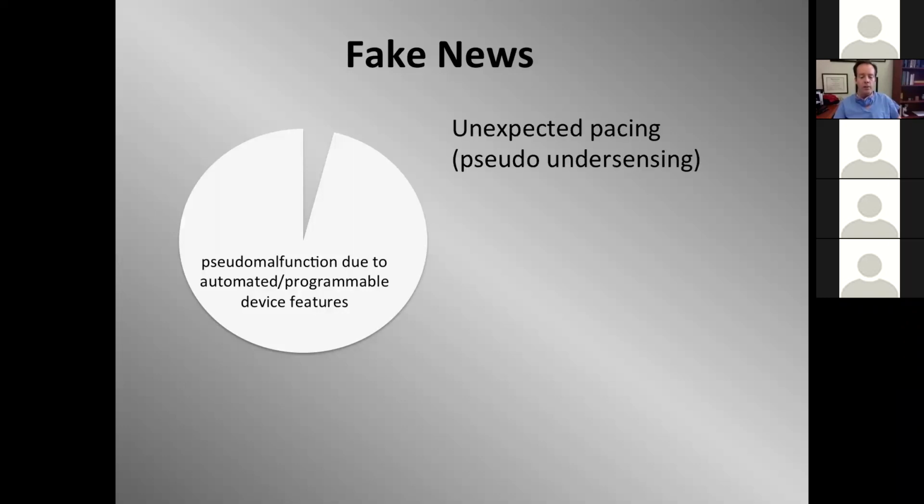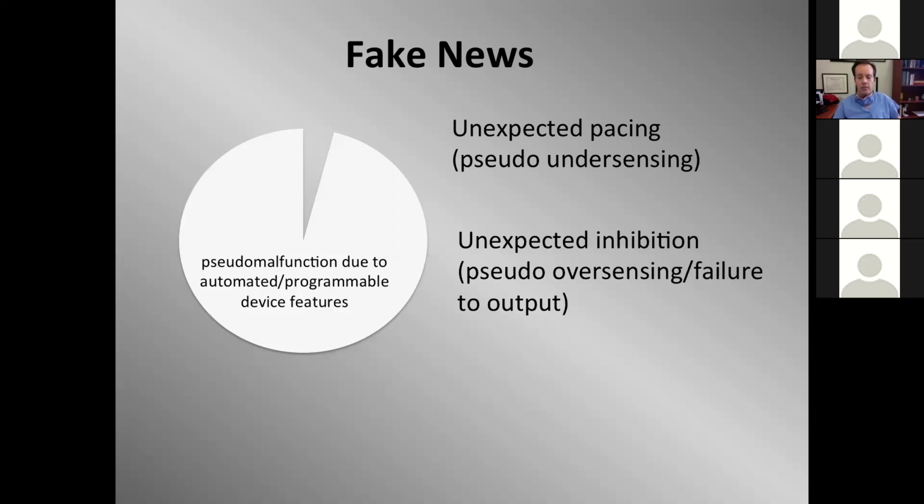Pseudo malfunction represents the majority of consults you'll get for device malfunction, and I think it's most appropriate to group them in categories of unexpected pacing or pseudo undersensing, unexpected inhibition, pseudo oversensing or failure to output, and then automated reprogramming or special filters. So these are the 3 categories.